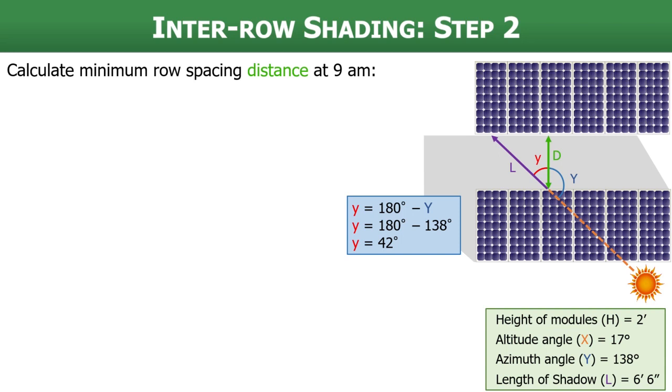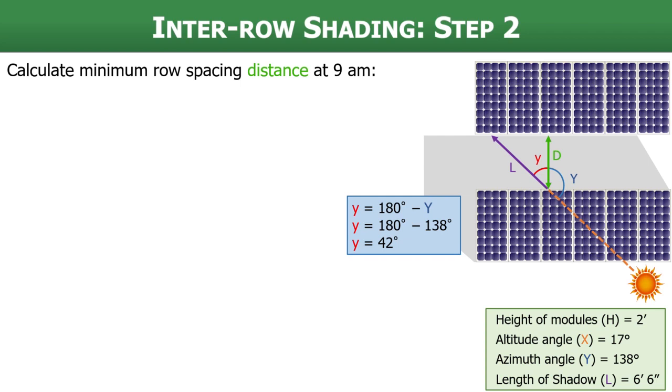Again, our parameters that we have are given in the lower right. The height of the modules is still 2 feet, altitude angle of x, azimuth angle of y, and length of shadow L. Notice we do have a small y in red, and that's going to help us out to perform our trigonometric functions to determine D. To determine angle small y, we draw a straight line from the sun's path through L. We know that's a straight line, and we subtract the azimuth angle to determine that angle y.